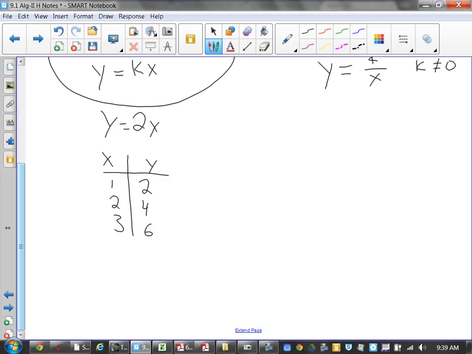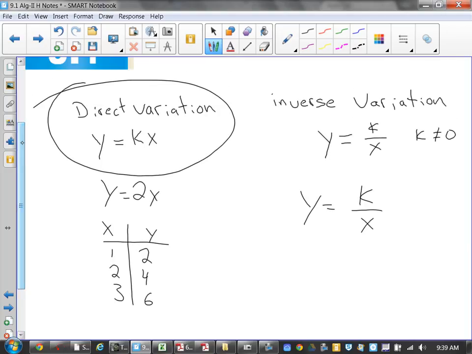You did that with slopes long, long time ago. The new thing is called inverse variation. Well, what is the inverse of multiplying? Dividing. So instead of y equals k times x, it's y equals k divided by x. It's some constant. It used to be m and they decided to make it k just because they wanted to.